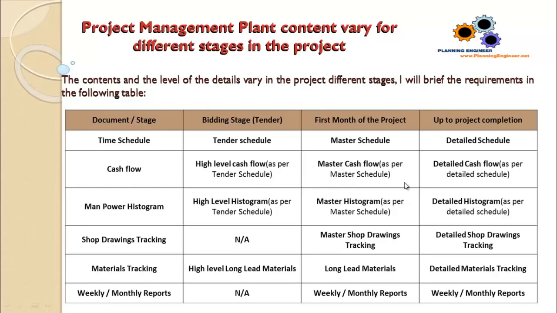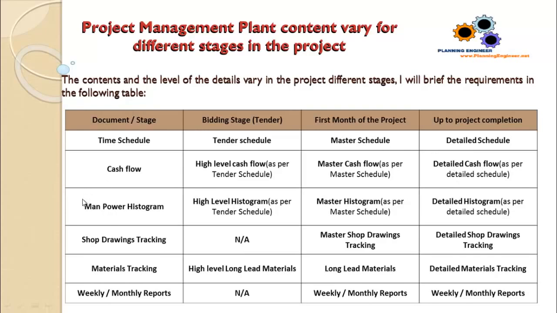Of course, it is related to the master schedule, which does not have much detail. Later on, when we have all the information, we should prepare a detailed cash flow. The client or the consultant could ask you about the cash flow per floor or per building or per zone or per area or whatever. This can be extracted easily from Primavera.